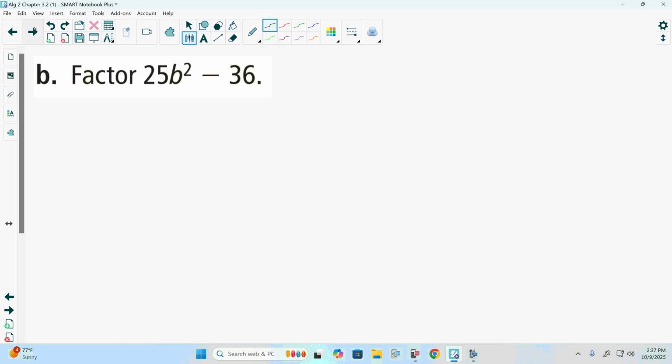Now the last one we have on the note sheets for this part is 25b squared minus 36. So what times itself would be 25b squared? 5b. What times itself is 36? 6.